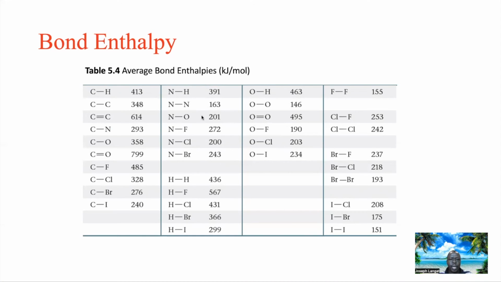A double bond or even a triple bond is stronger, so comparing single, double, and triple: triple, double, and single. Carbon to nitrogen, carbon to oxygen, carbon double bond oxygen, carbon fluorine, and so forth.